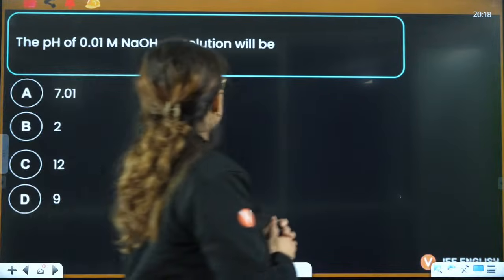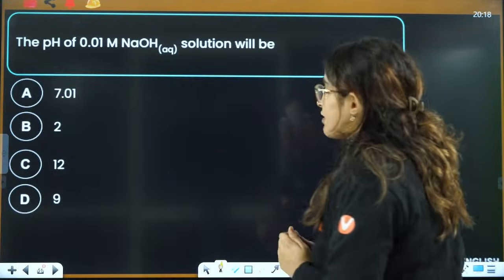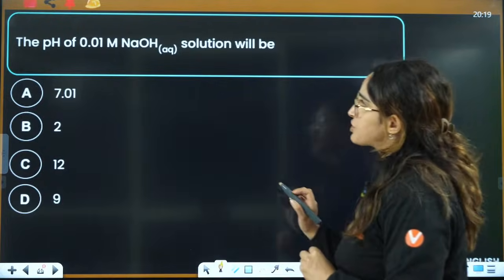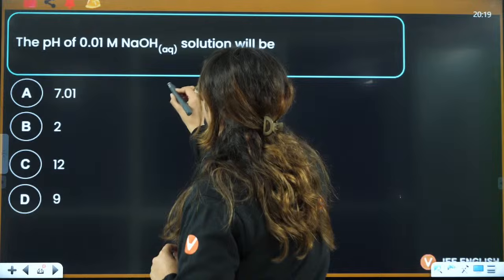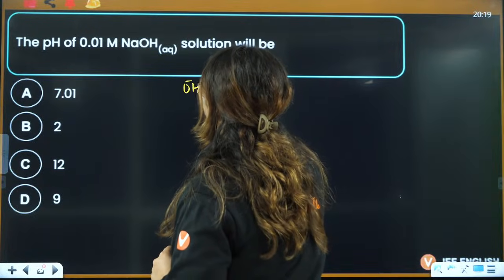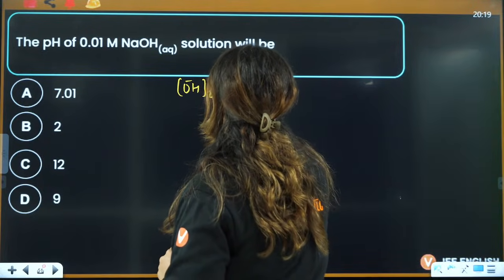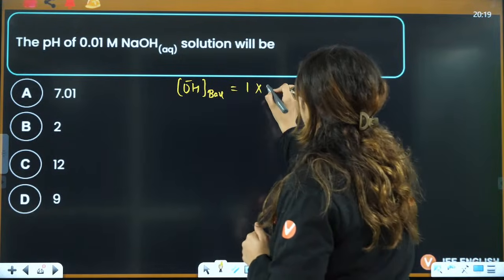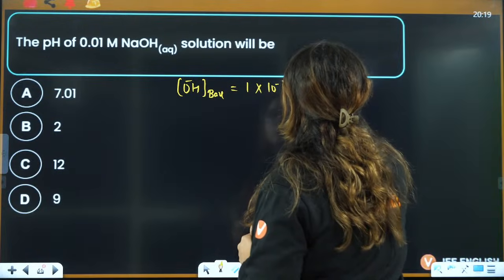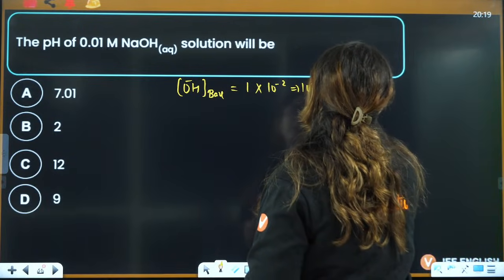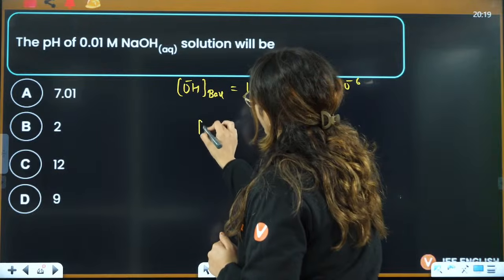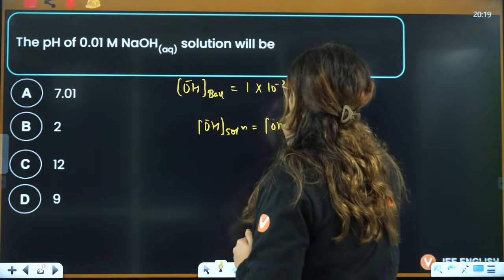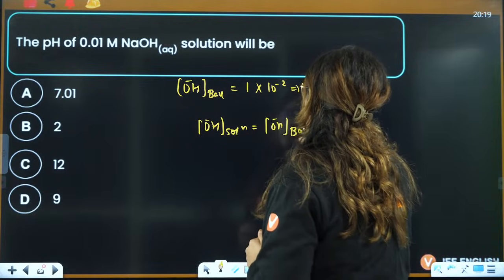The pH of this much NaOH solution will be what? See, if you see this, OH negative from the base is equal to basicity, which is 1 because it is giving only 1 OH. It is 10 raised to the power minus 2, which is definitely greater than 10 raised to the power minus 6. So you will ignore water; OH of solution is equal to OH from the base.